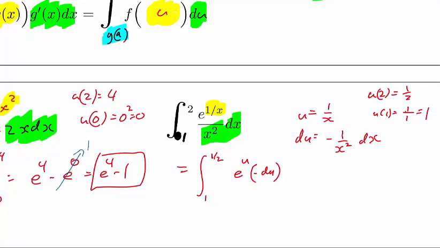Right, because to get the match, we had to move this negative over on this side, right here. Right, so now we got that to match. Everything seems happy here. So let's go ahead and move forward.